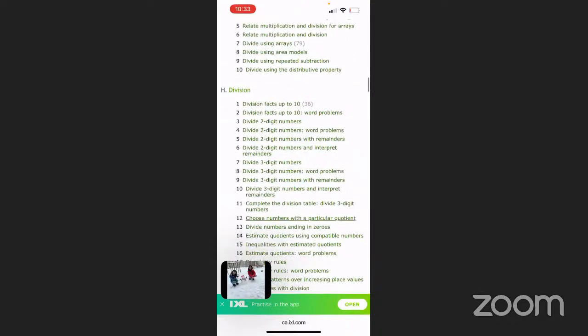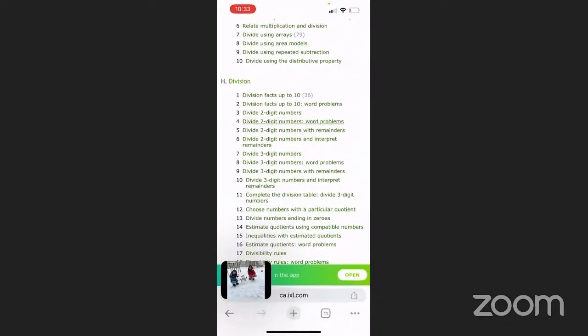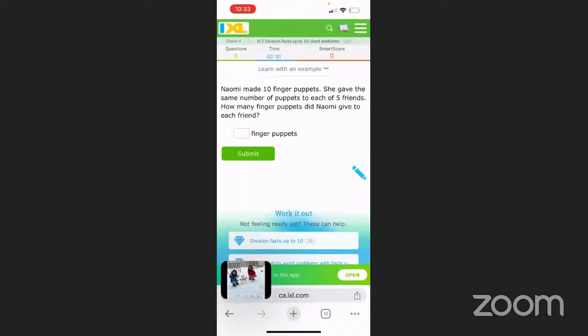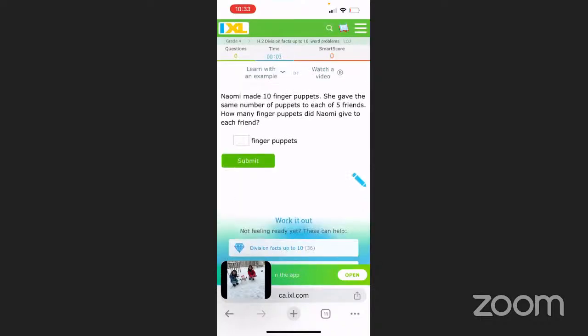Multiplication, I'll give you some word problems. Okay, so Naomi made 10 finger puppets. She gave the same number of puppets to each of her 5 friends. How many finger puppets did Naomi give to each friend? Okay. Can you tell me? Because look, she has 10 finger puppets and she gave to 2 friends, right?